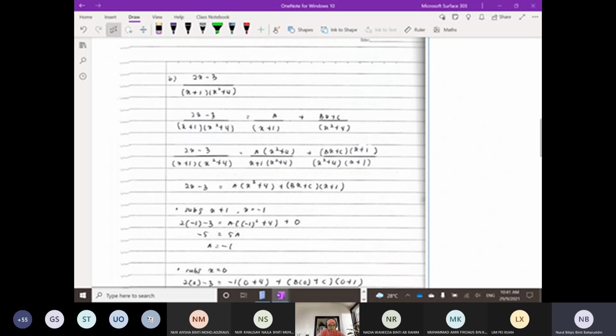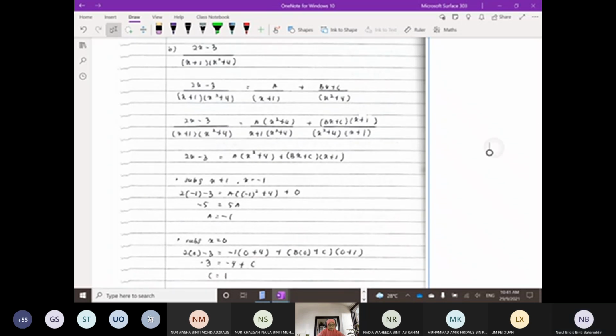Aishwa, 1B. Yeah, madam. Okay. B: 2x minus 3 over x plus 1 in bracket x square plus 4. Tapi saya buat salah madam sebab saya ingat tu repeated linear factor.